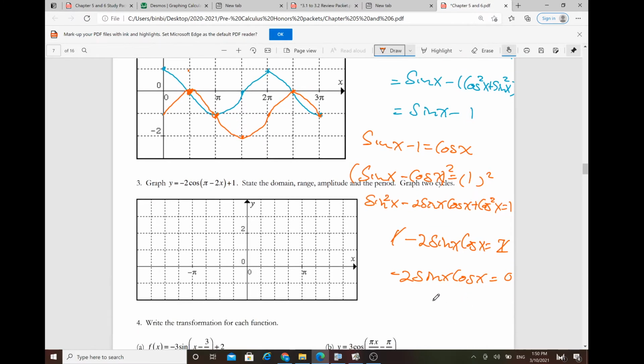Okay, so in order to have that one, either sine of x equals 0 or cosine of x equals 0. So in order to have those, that would be considered pi over 2. Well, this one could be pi. The one that we have right here could be pi and 3 pi.